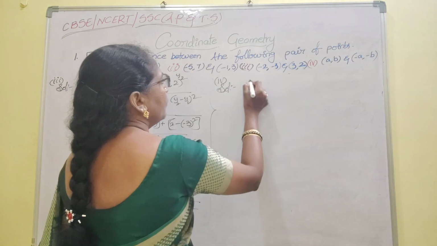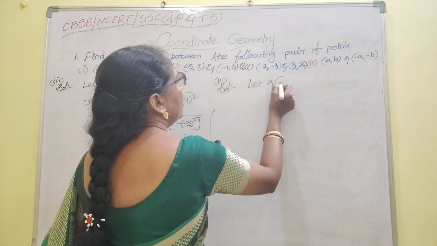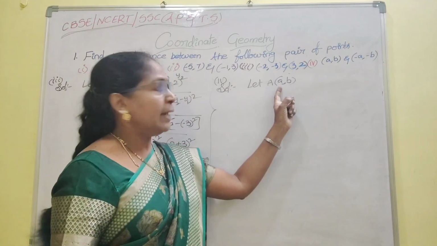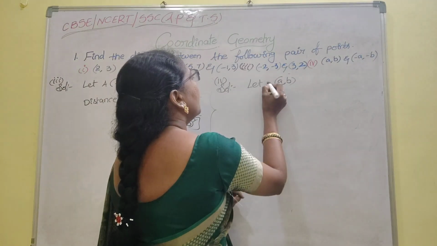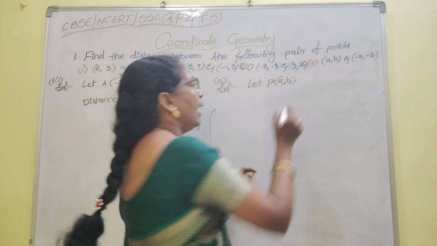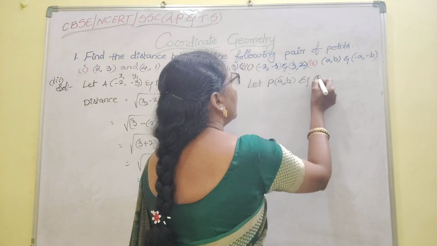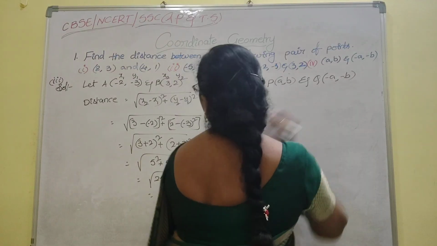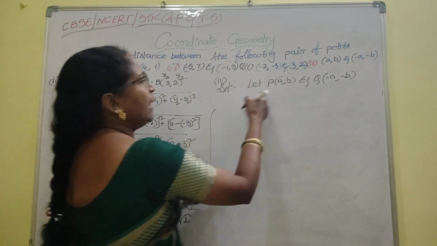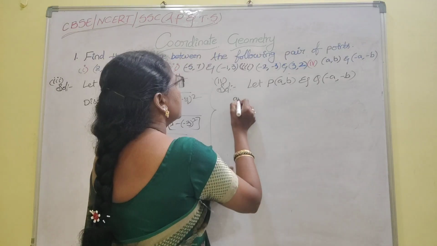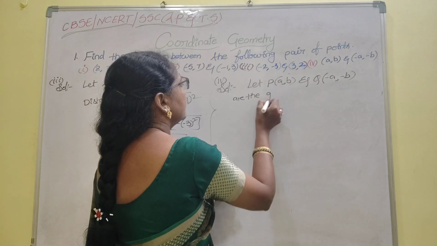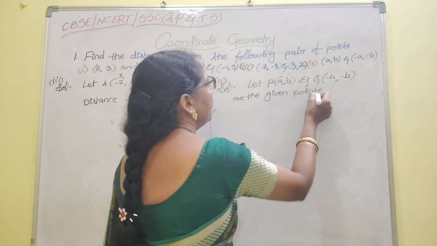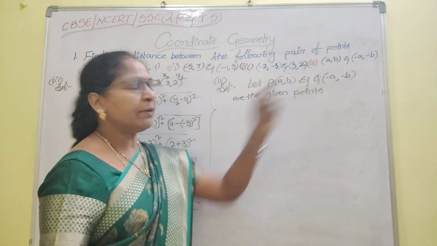Just you have to assume, let A and B. Here the given points are A, B, C, D. So you have to assume the point let P of A, B, and the second point you have to assume as Q. So Q of minus A, minus B. Now let P and Q are the given points. Now the distance between PQ.